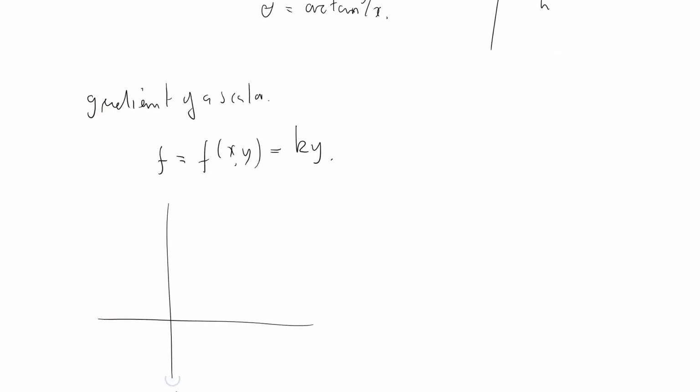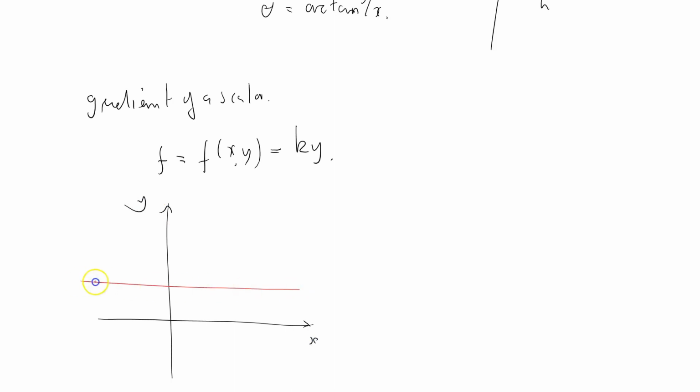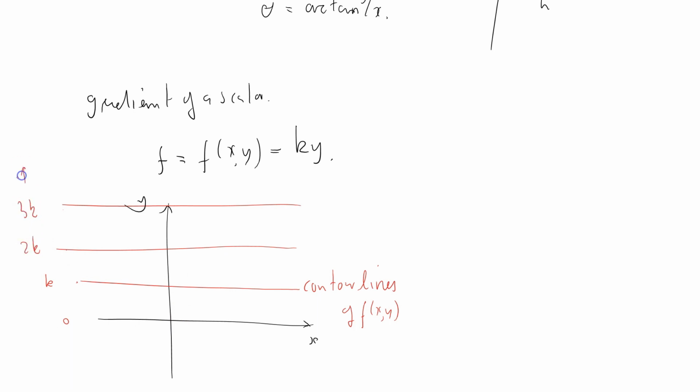So if I draw my x and y coordinates here, if I switch to red, these are contour lines of f of x comma y. So here I guess it's 0, that's k, 2k, 3k, and so on.